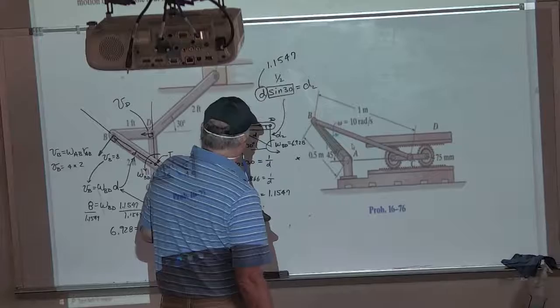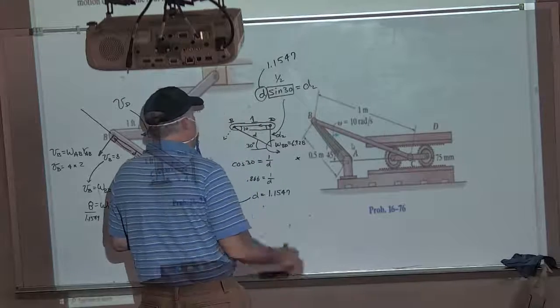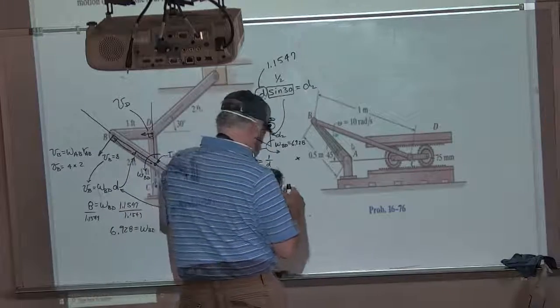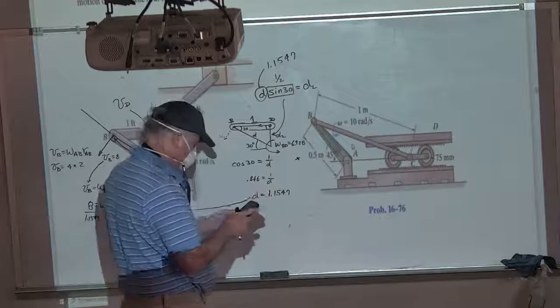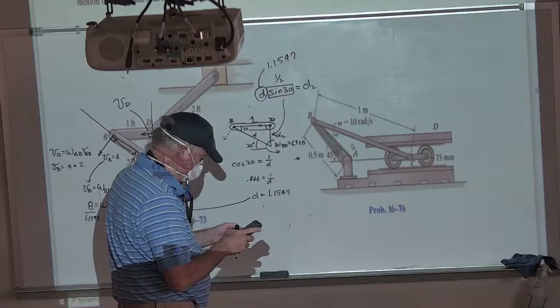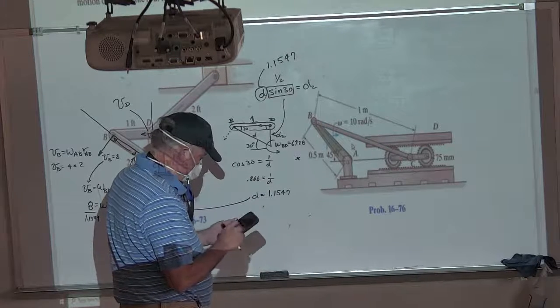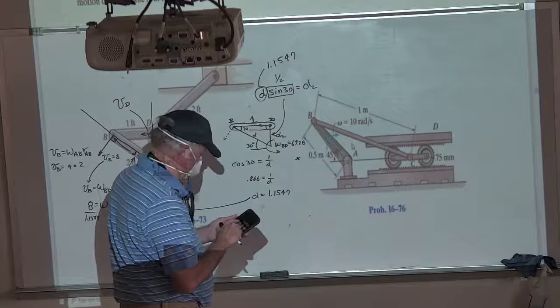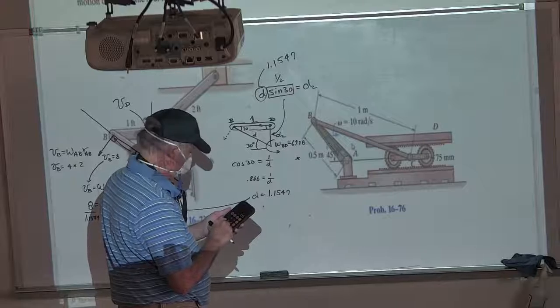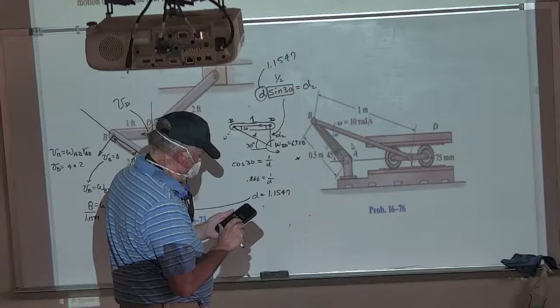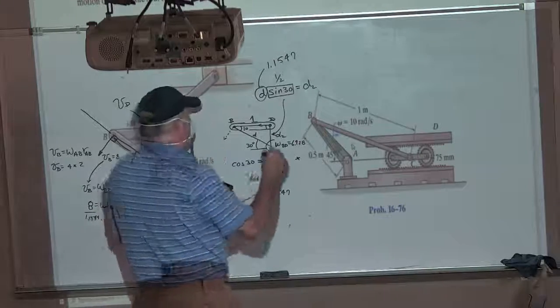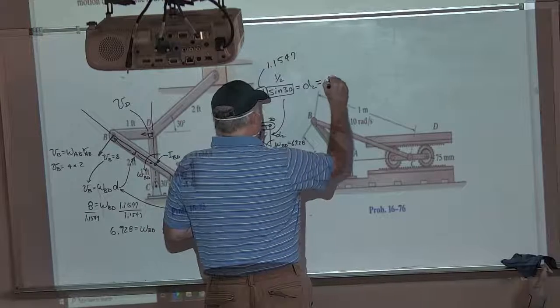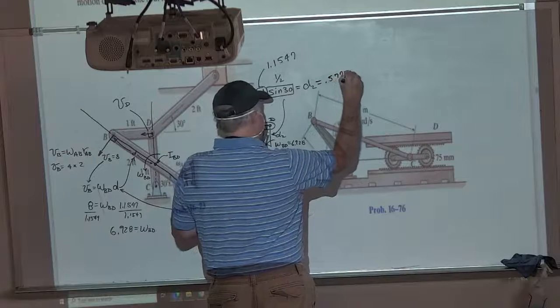So now I take half of that, which might still be on my calculator, but might not. I'm going to start dropping a few digits. 1.1547. 0.57735.